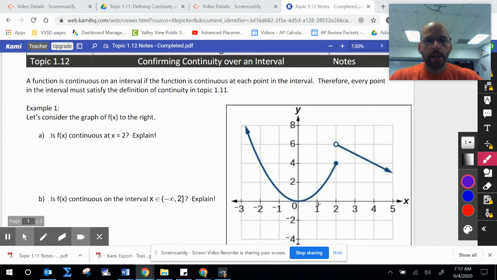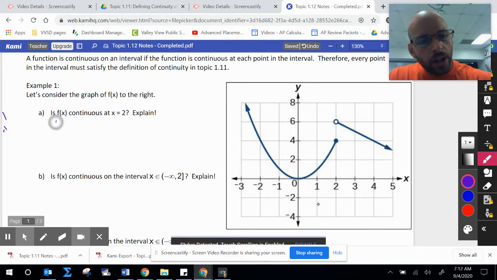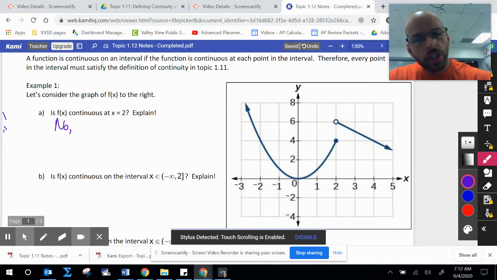So if you take a look at example 1 here, we're going to look at the graph, and we need to ask, is it continuous at 2, right? And using our definition of continuity, we know that it is not continuous because there's a jump discontinuity. So I can say no. We do need to justify, right?